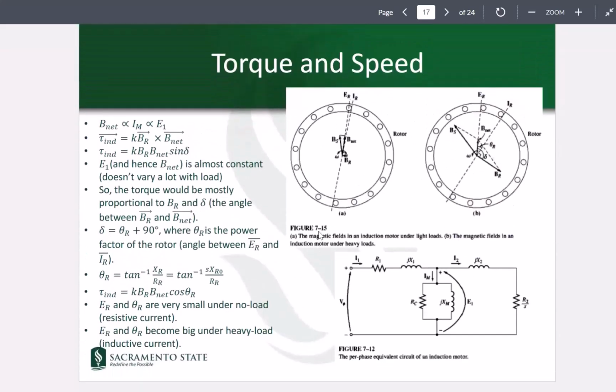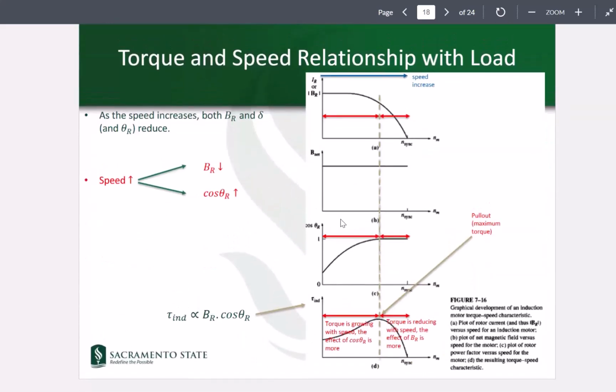So keep that in mind, that sine of delta, because delta is equal to theta R plus 90 degrees, sine of delta becomes equal to cosine of theta R. So therefore, all of these components that we're seeing in here, BR, B net, cosine of theta R, these are the components that make the tau. These multiplied together make the tau.